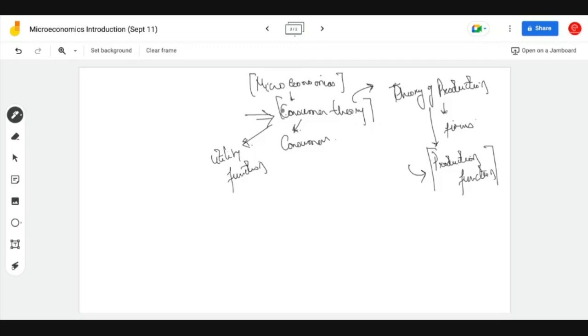Consumer theory is one of the very basic topics, and the best book I would refer to if you want to revise anything is Intermediate Microeconomics by Hal Varian. This is a standard book taught at the undergrad level.